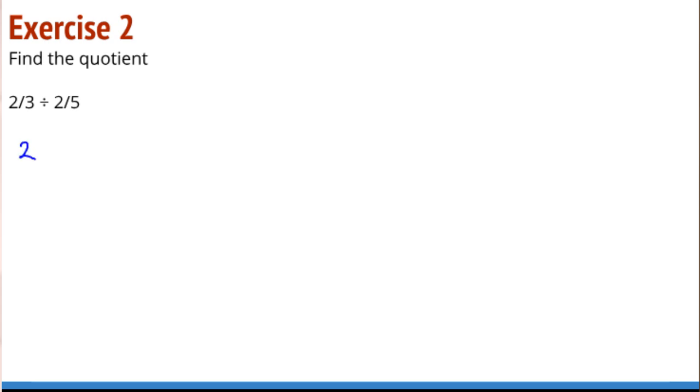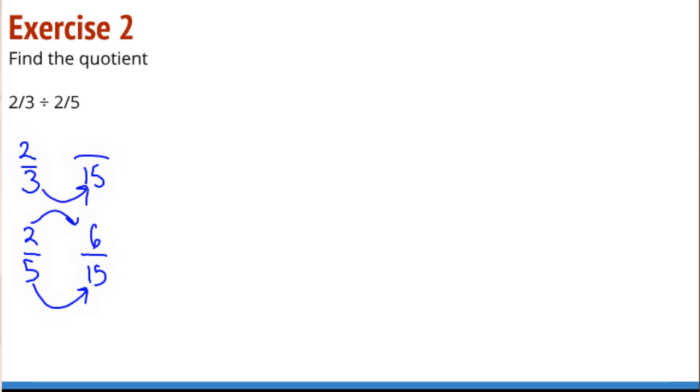All right, 2/3, and I want to scale this to be 15ths, and 2/5, and I want to scale this to be 15ths. Multiply times 3, and I get 6/15. Multiply by 5, and I've got 10/15. So I've got 10/15 divided by 6/15.